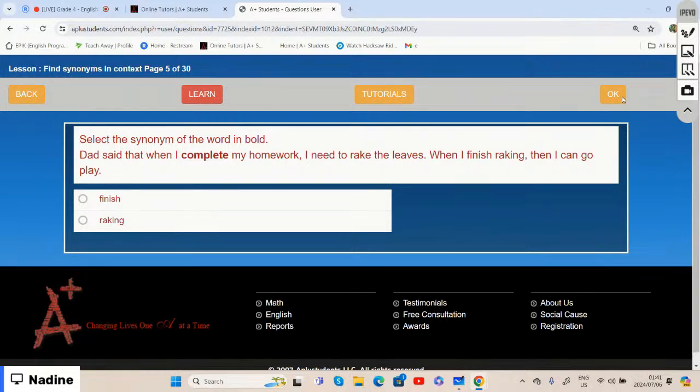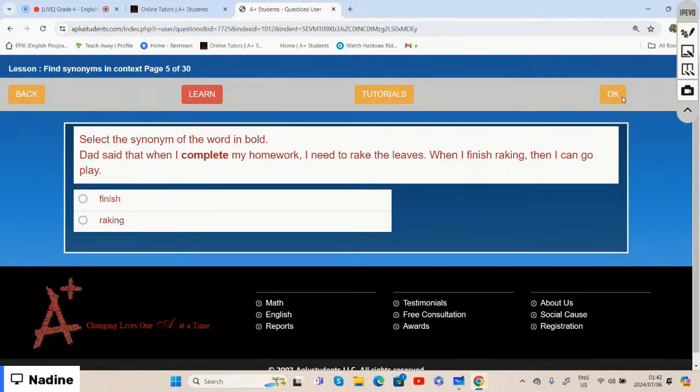Dad said that when I complete my homework, I need to rake the leaves. When I finish raking, then I can go play. So we need to select the synonym of the word complete. The word that is the same as complete or almost the same as complete.